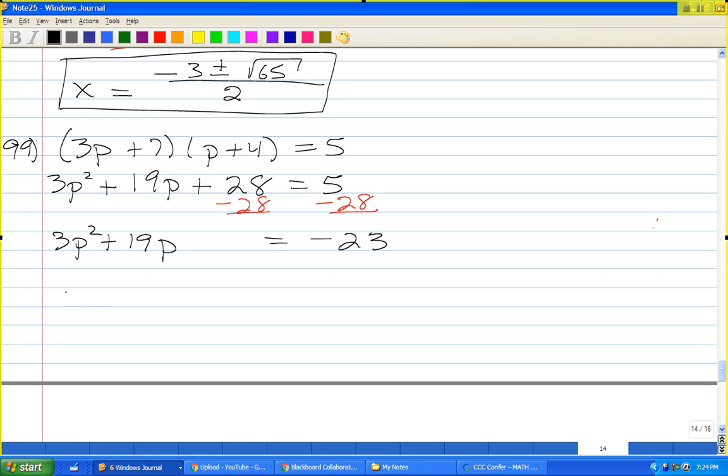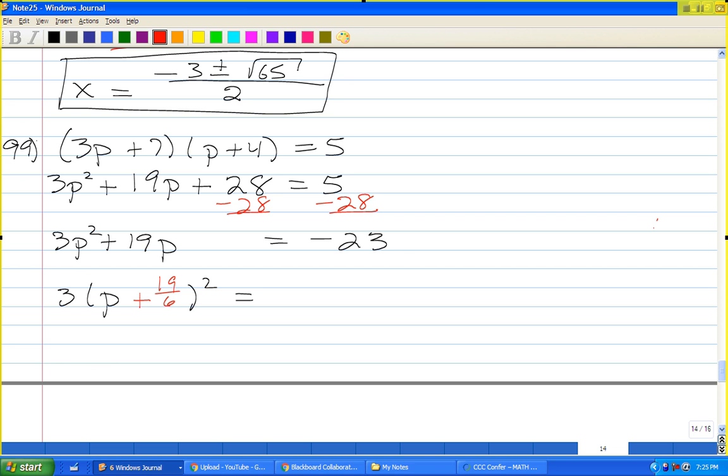And so let me complete the square. Since there is a 3 in front of the p squared, I take 19 divided by 3 times 2, which is 6. Which is 19 over 6.